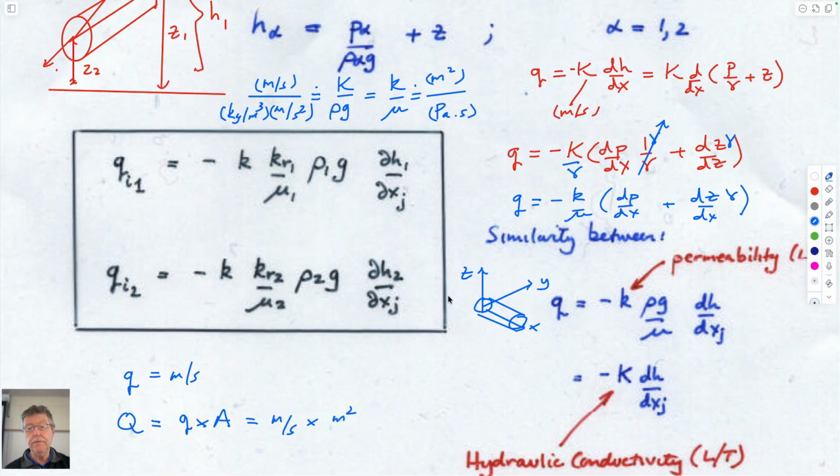But if you're looking at flow occurring in the vertical direction, then this now would be z, and this would also be z, and the component of z in the z direction is 1 to 1. And so this term would end up staying.